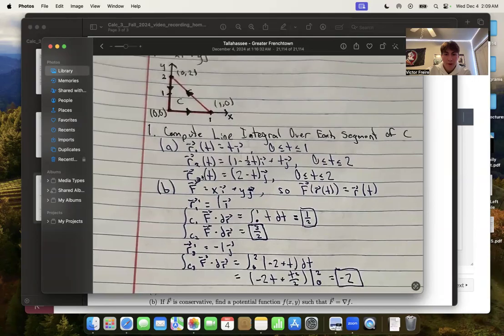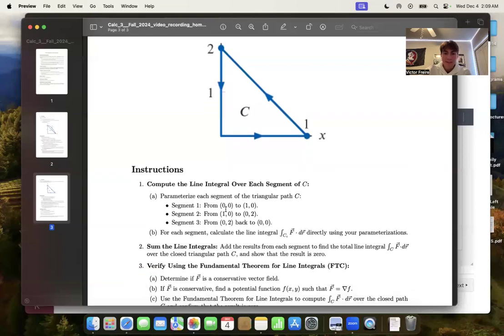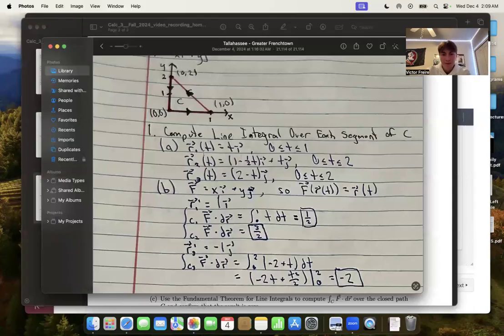So for part A, we want to parameterize each segment. Segment one, r of t, I said is ti from 0 to 1.